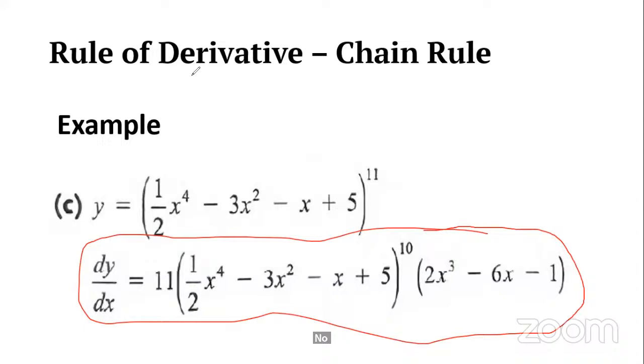The second one, after the first stage, which is the 11 g of x to the power 10, then you differentiate the second one, which is 2x cubed minus 6x minus 1. Yeah, you can go like that. Then the next step, we can replace the g of x by its value. But if you do it like that, you still miss my first step. My first steps, I want to see something related to this.